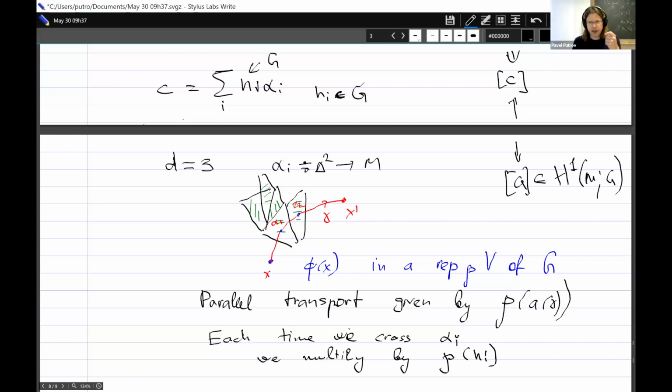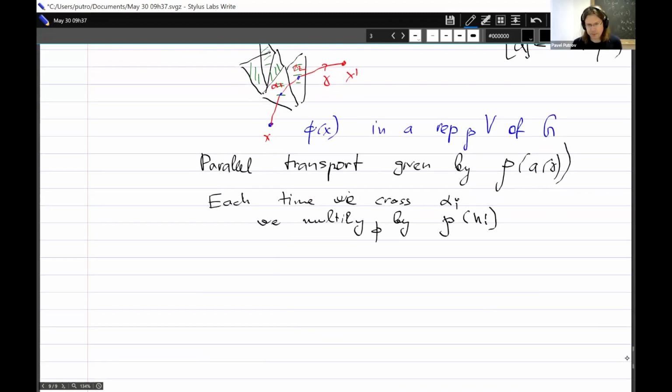And the parallel transport of our current field in some representation works in the following way. If you start moving it, in general nothing happens. But as we go along this path and cross one of these defects, we multiply this phi by rho of the group element associated to this particular defect.